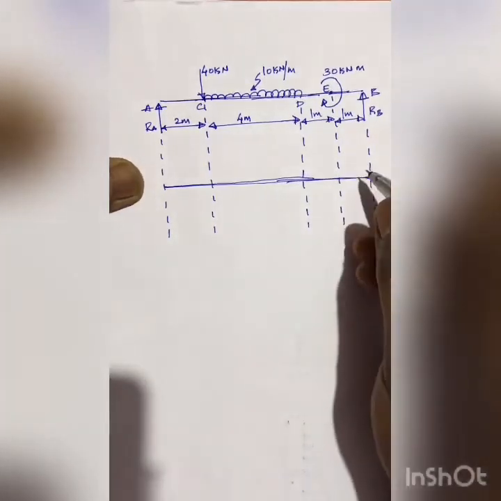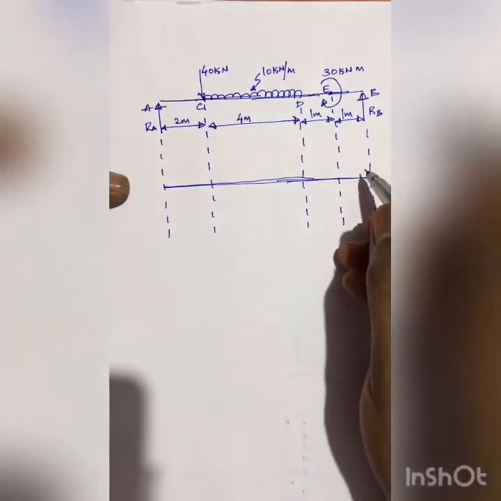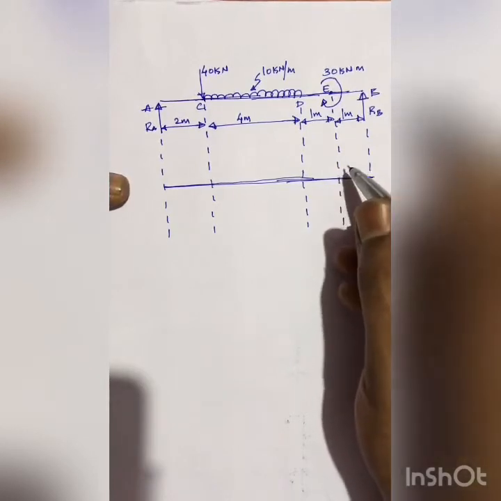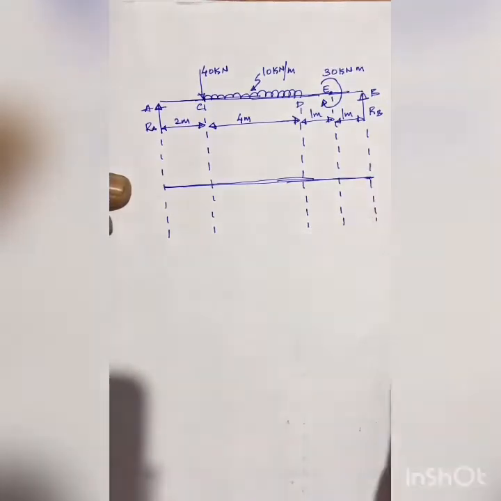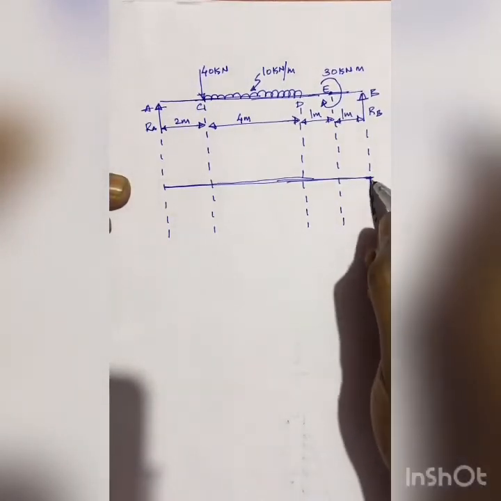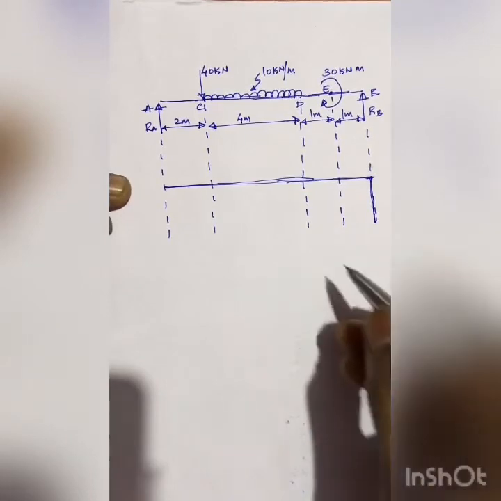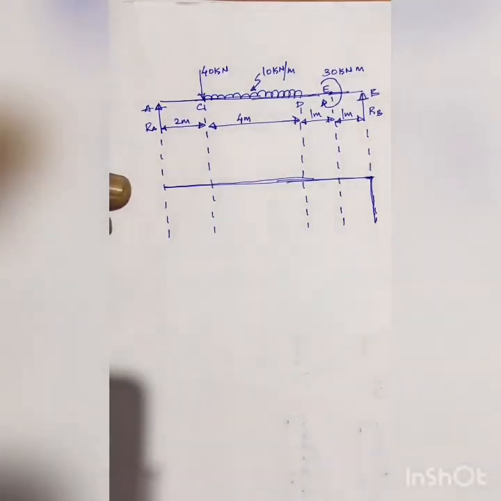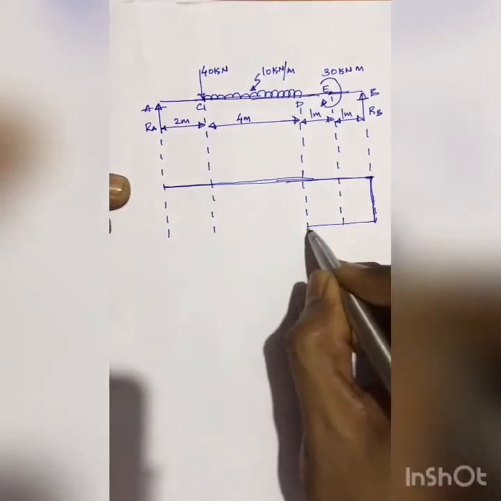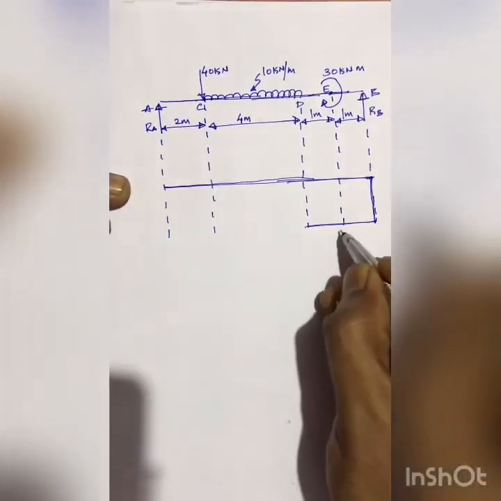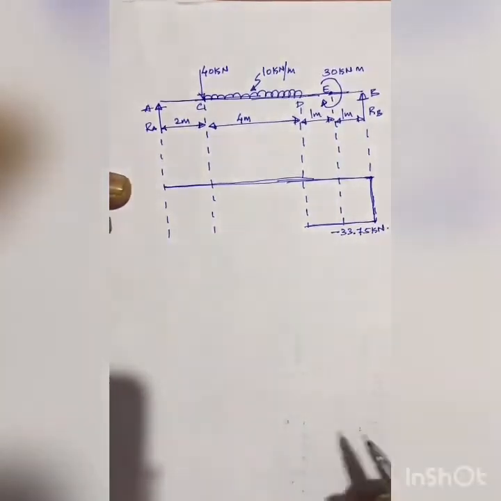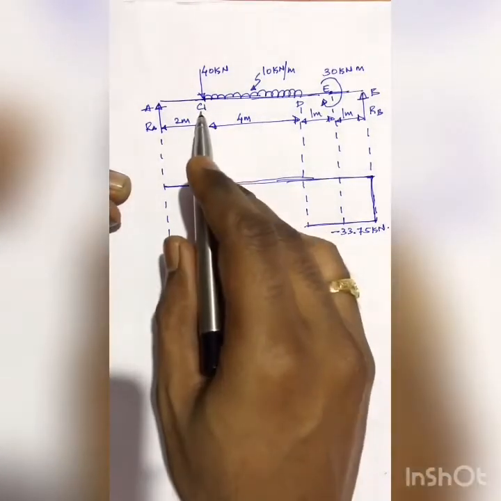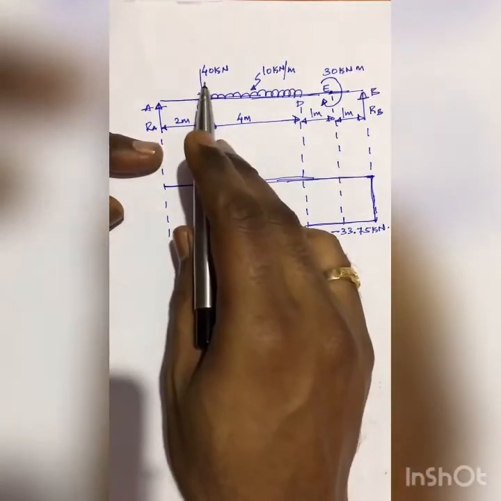You all know that the positive values are plotted above the datum line and negative values are plotted below the datum line. So at B it is minus 33.75, and it remains minus 33.75 till point D. It remains constant, so this is minus 33.75 kilonewton.